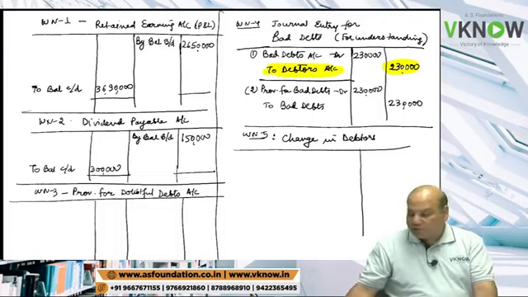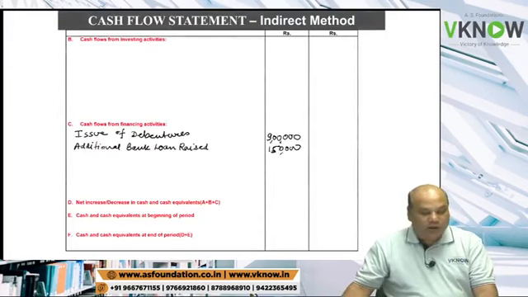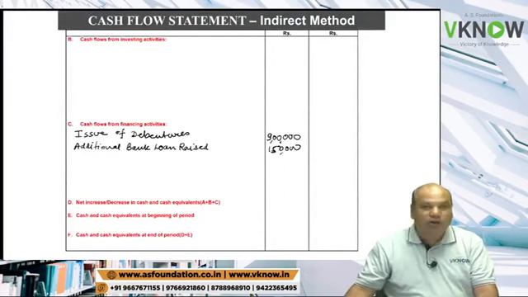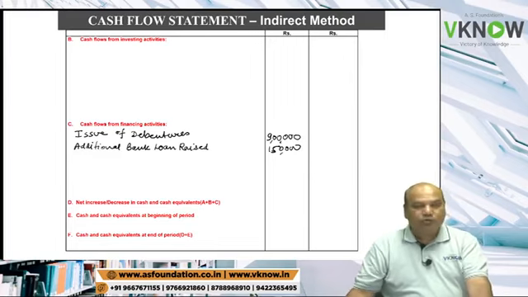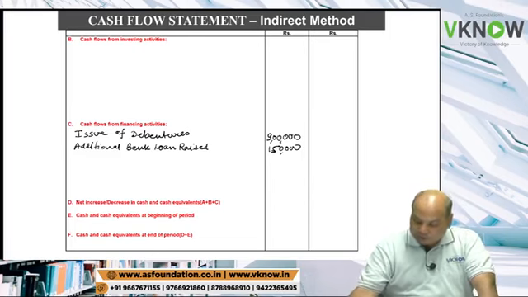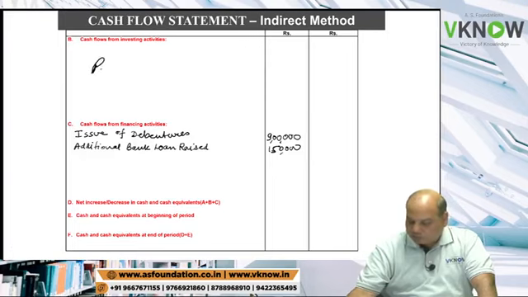Now we'll come to asset side. Plant and machinery. Opening balance 27 lakh 30,000, closing balance 40 lakh 70,000. So what has happened? There is a purchase. In investing activity write down, purchase of plant and machinery.